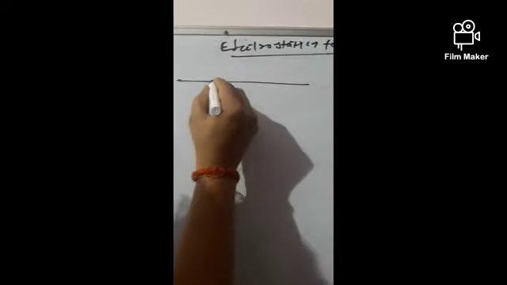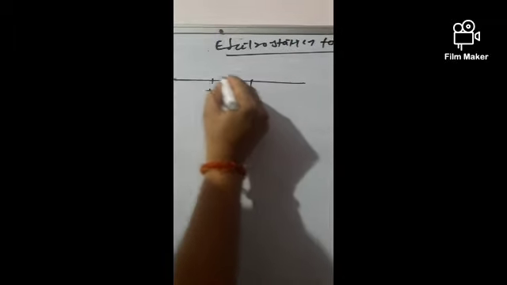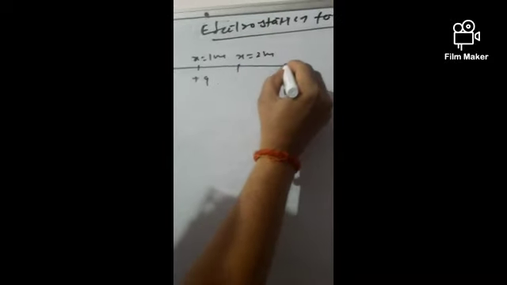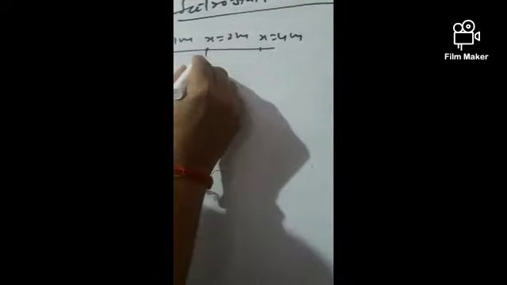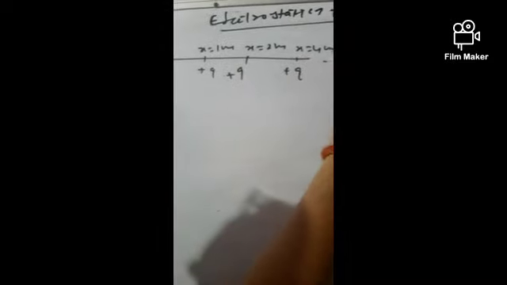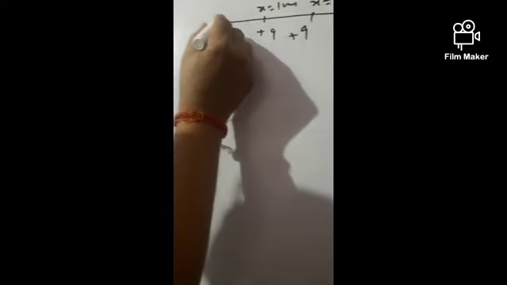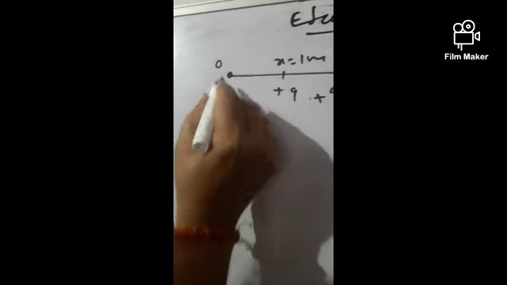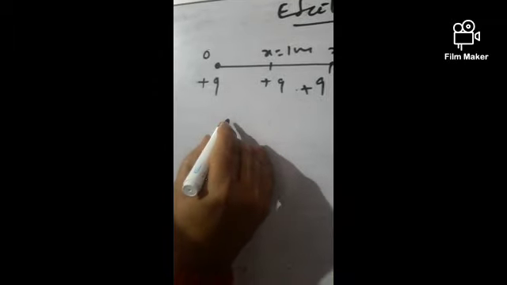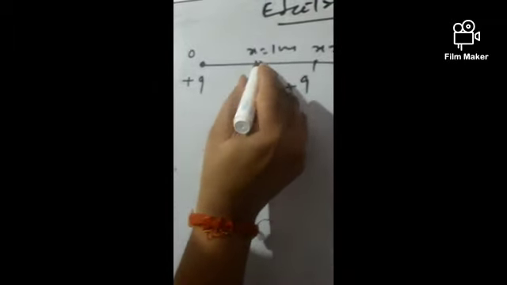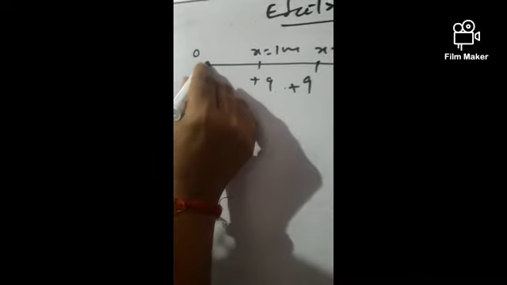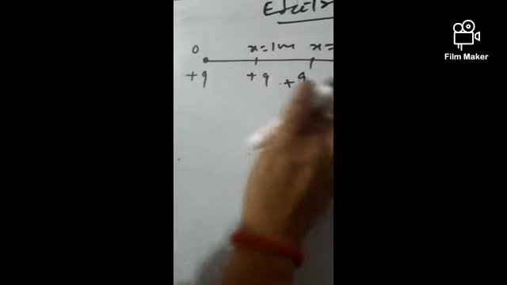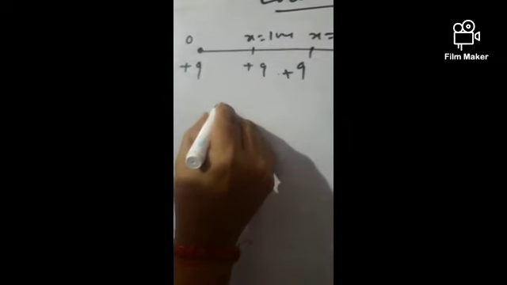If infinite point charges plus Q are placed at x equal to 1 meter, x equal to 2 meter, x equal to 4 meter up to infinite, we have to find net force on any one charge which is placed at origin. Therefore in this question we find force on charge which is placed at origin due to all charges with the help of Coulomb's law.